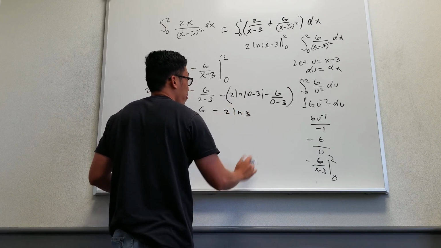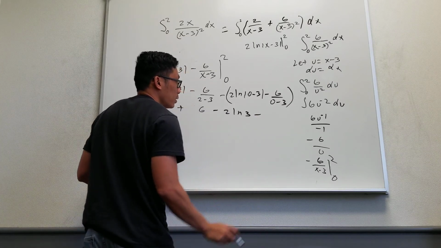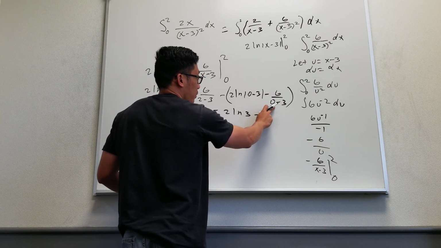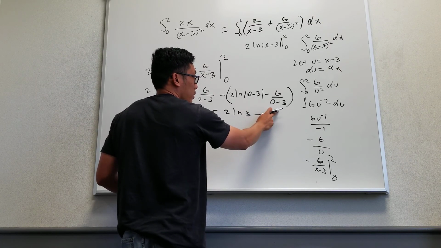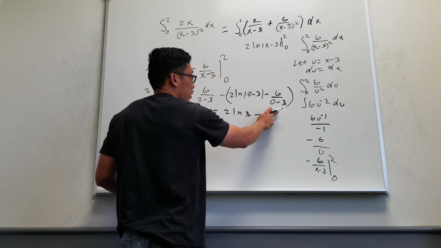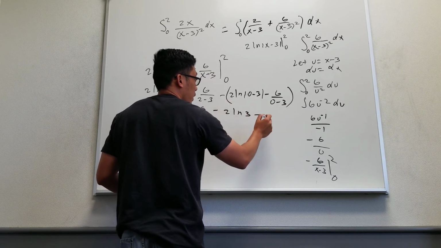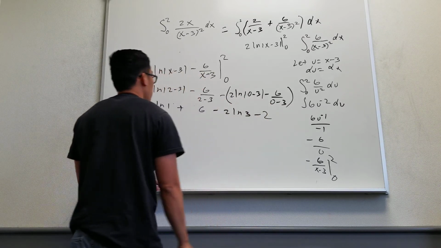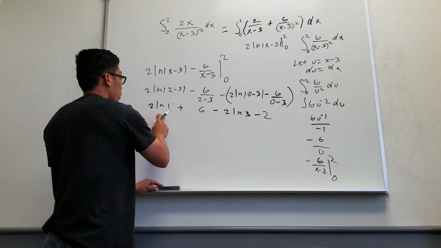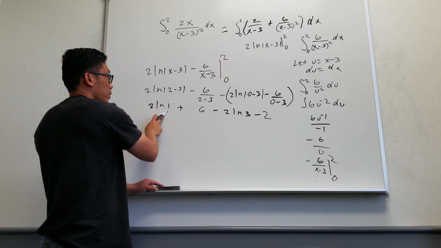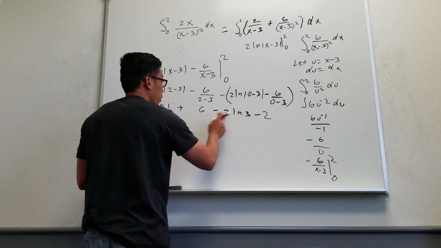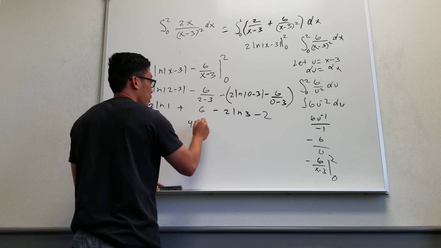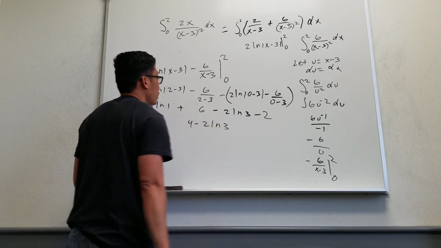Then minus 6 over negative 3, which is negative 2. Negative negative is positive, then you distribute the negative, and it becomes negative. So ln of 1 is 0, and this is really 6 minus 2, which is 4, minus 2 ln of 3. And that's it.